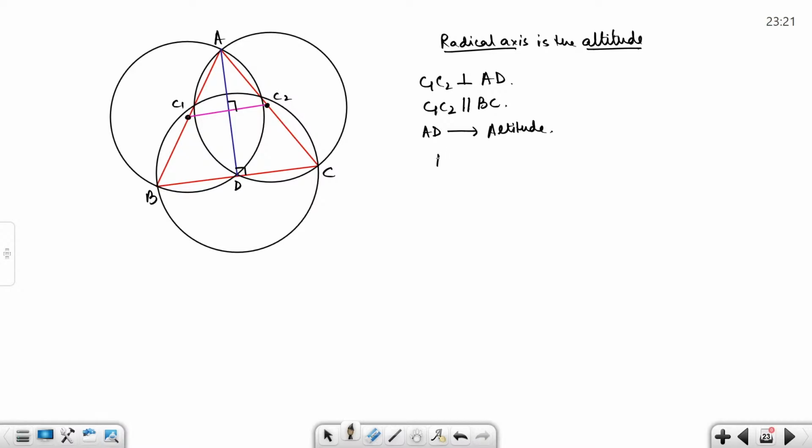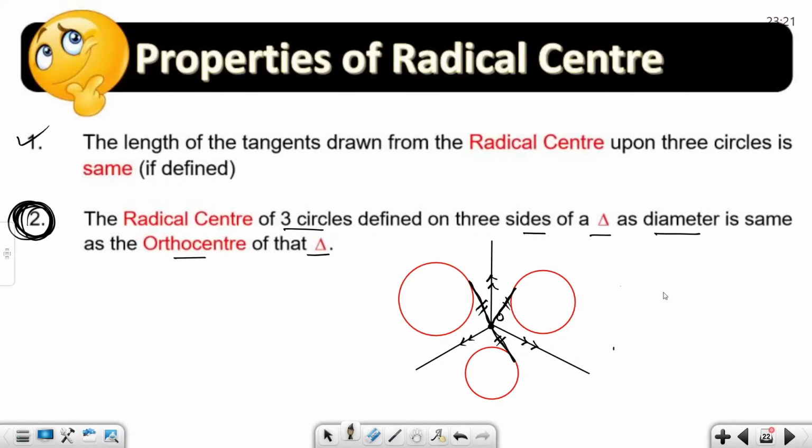Therefore, the radical center of the three given circles is the same as the orthocenter of the given triangle ABC. Is this clear? Hence, our second property, which is a very, very important property as far as your MCQ questions are concerned, has been proved.